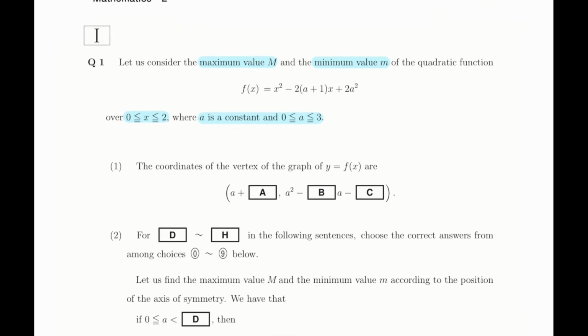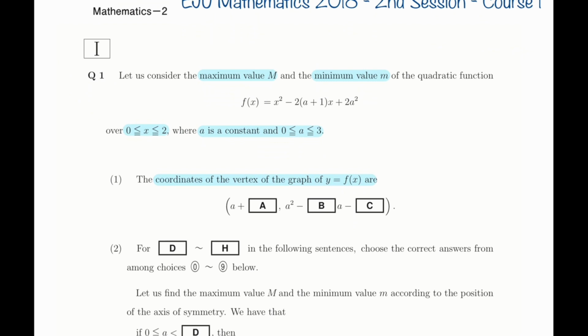The first question is, we are asked to find the coordinates of the vertex of the graph y equals f of x. So, I need to find the vertex of this quadratic function. If you remember, we have a formula to find the symmetrical axis. I usually write it down as x_sym for a quadratic function.